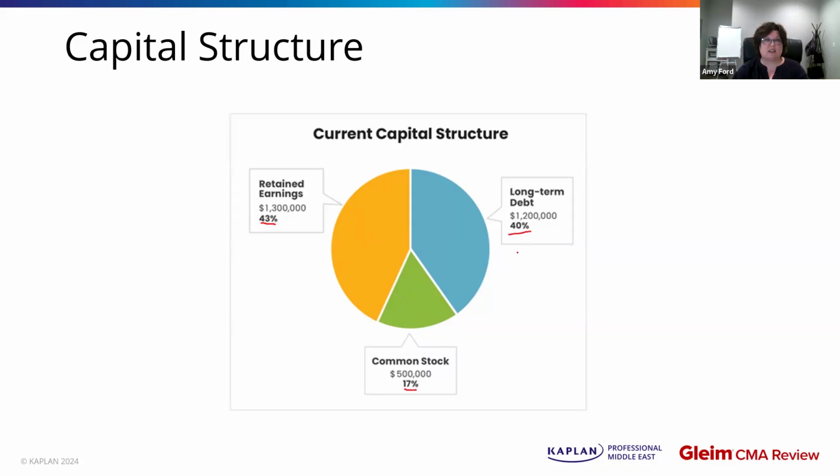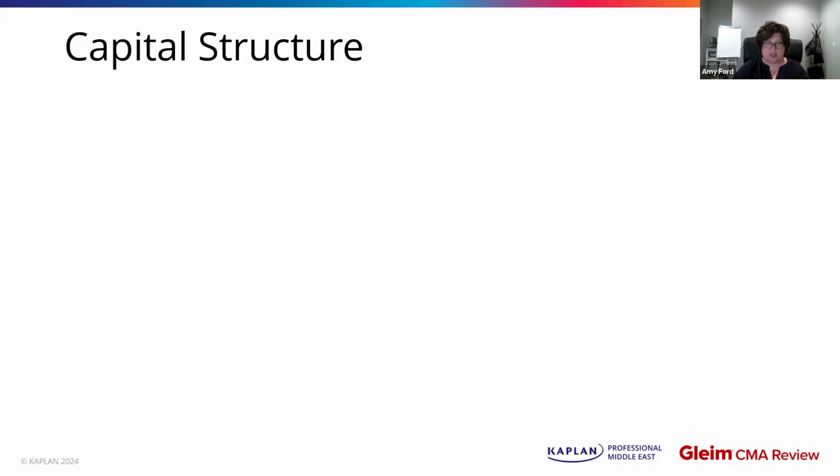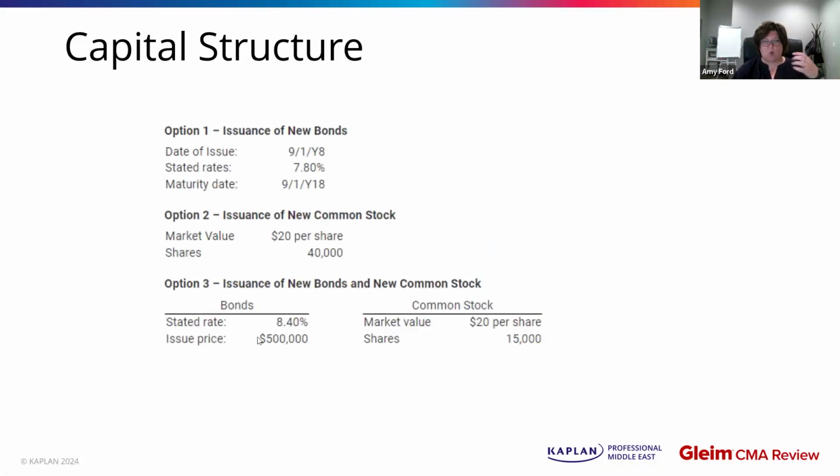This is our current capital structure, and how we finance the new issuance would change that pie chart. This is my current pie chart, and this is what would happen if we make that financing option.